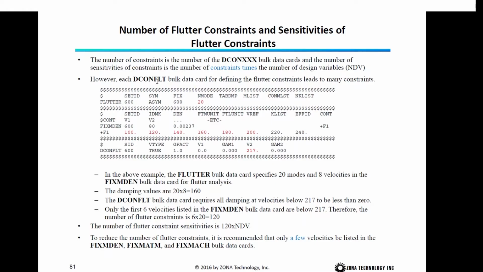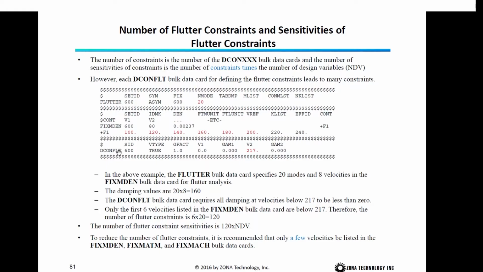However, the DCONFLT, the flutter constraint, is defined as follows. First, we have a FLUTTER card to perform a flutter analysis, and say we have 20 modes. Then the FLUTTER card refers to the FIXMDENS. In the FIXMDENS, we list out 1, 2, 3, 4, 5, 6, 7, 8 velocities.